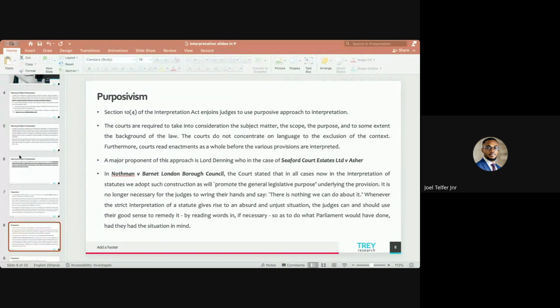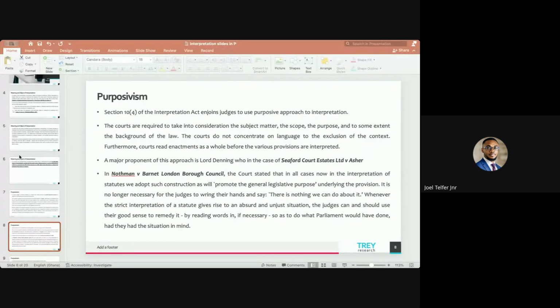What is the relevance of Section 10.3 of the Interpretation Act? Okay, just think about it. It will come to you. Just think about it.